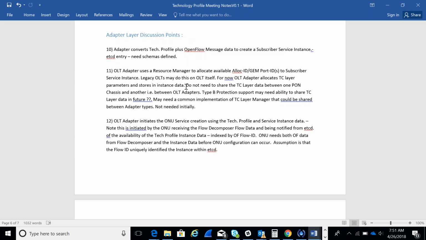Initially we thought that just to keep things simple, the OLT adapter would just manage its own resources. We can look at that later as we move forward. Maybe it's some type B implementation, or NG.2 may move us towards some common resource manager.